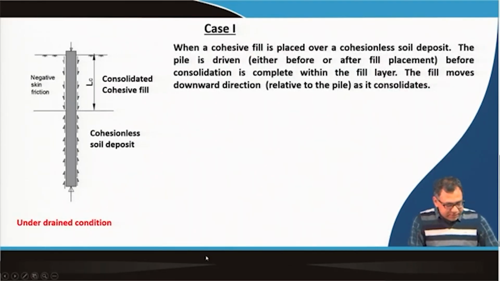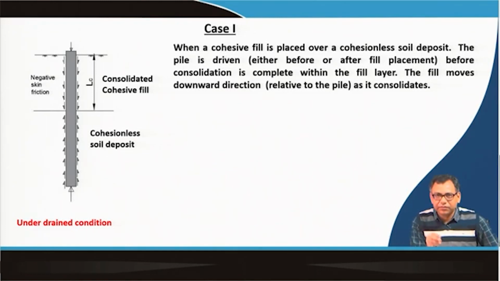In the first condition, when the cohesive fill is placed over a cohesionless soil deposit, the pile is driven before consolidation is complete within the fill layer. That can be before or after the placement of the fill. In that case, the fill, the cohesive soil, will consolidate.